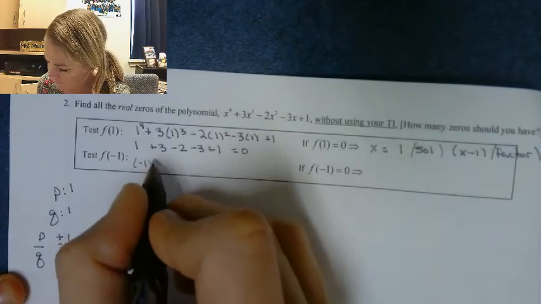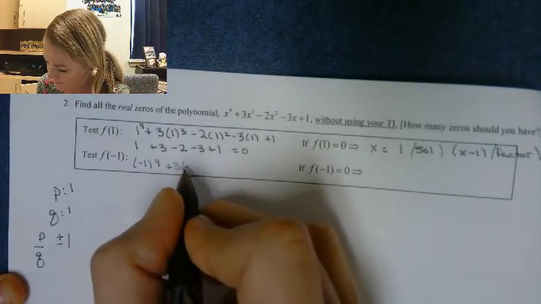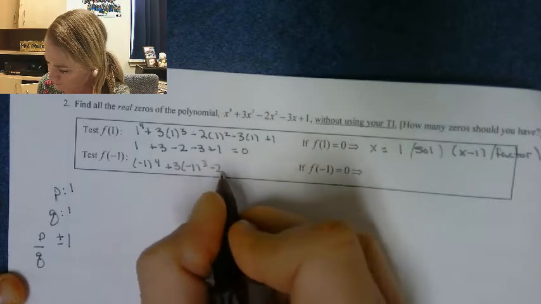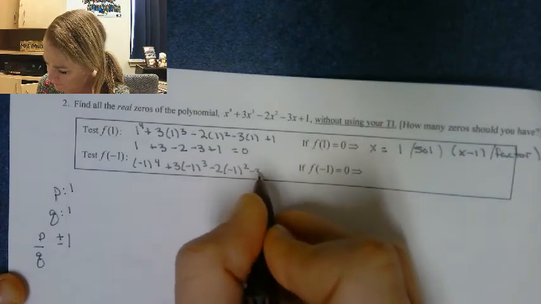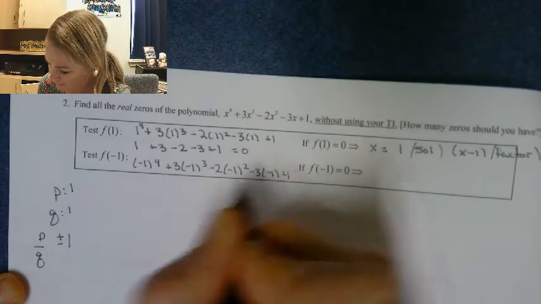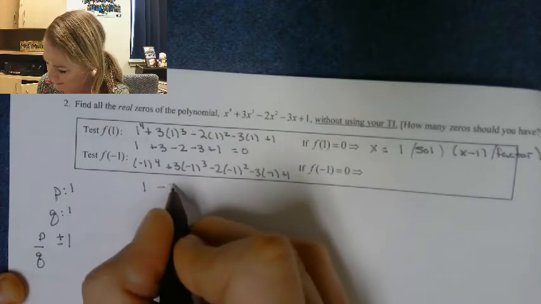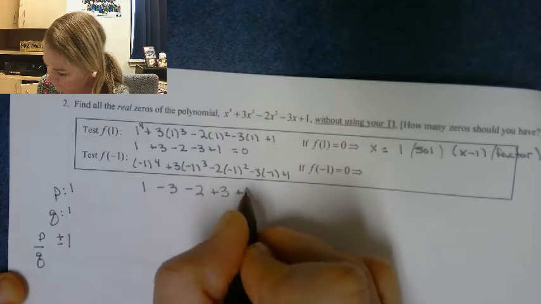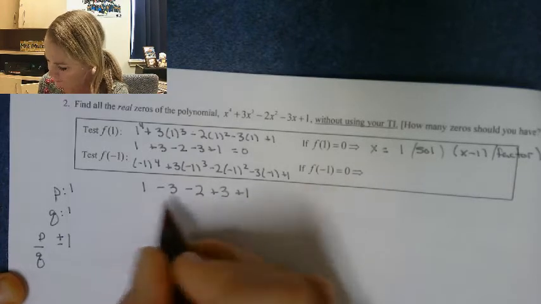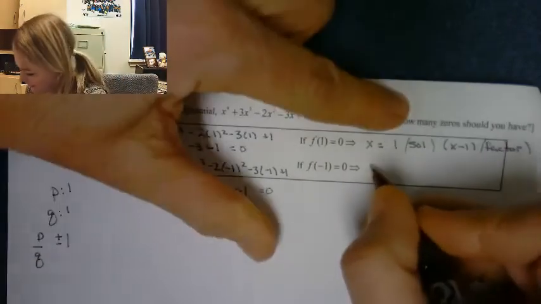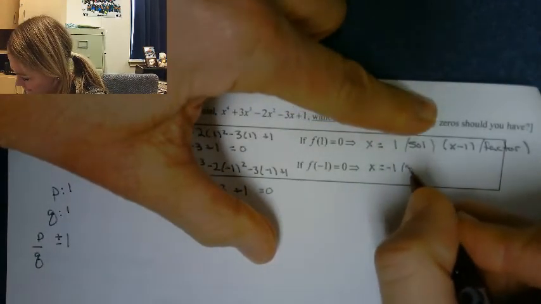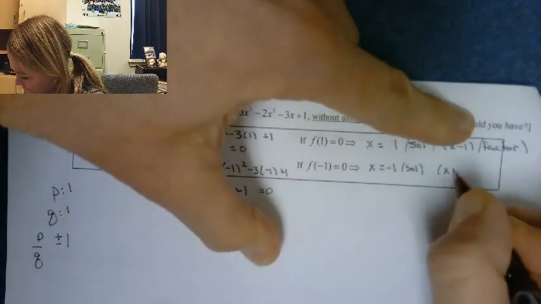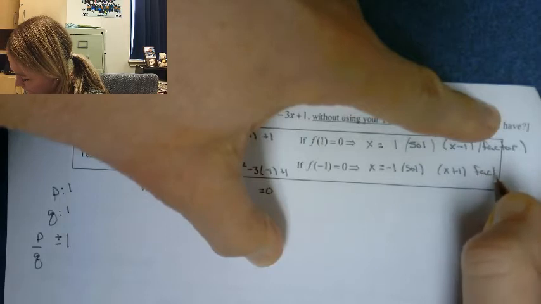Okay, let's test -1. I get -1 to the 4th plus 3 times -1 cubed minus 2 times -1 squared minus 3 times -1 plus 1. So that's 1 minus 3 minus 2 plus 3 plus 1. Okay, and so that is 0 also. So x equal to -1 is a solution, and x plus 1 is a factor.